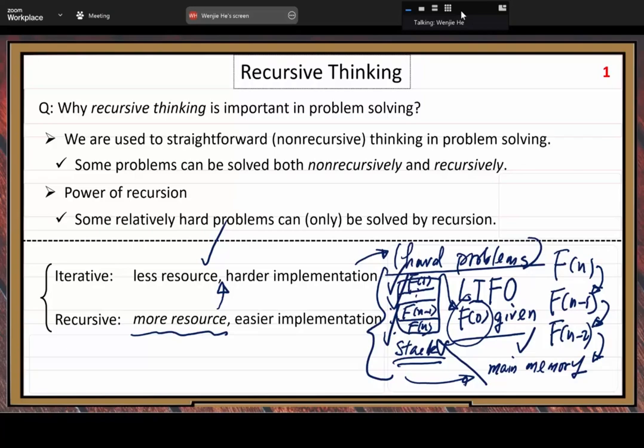So if we only look at the computing resource, the iterative method is much more efficient than the recursive algorithm. But that's the sacrifice we want to have in order to get its power to solve relatively hard computing problems.